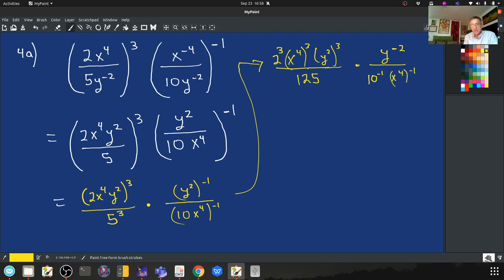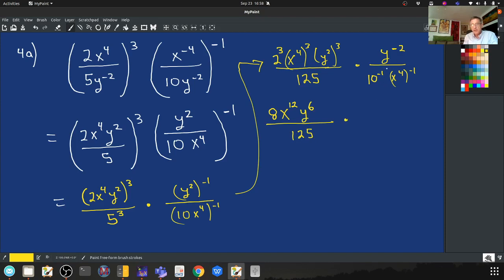So let's simplify again. 2 cubed is 8. X to the fourth to the third power is x to the 4 times 3, which is 12. Y squared to the third power is y to the 2 times 3, so y to the 6 over 125.